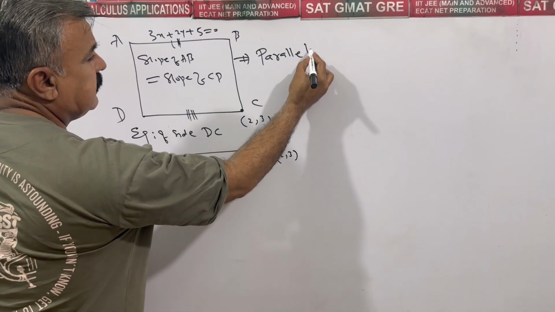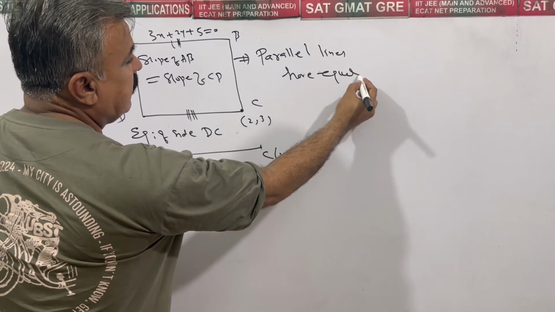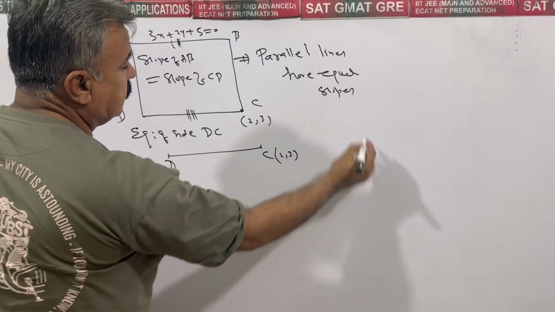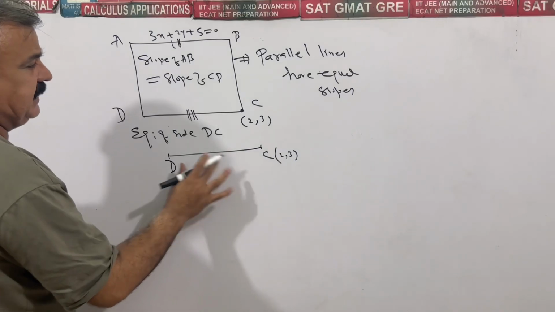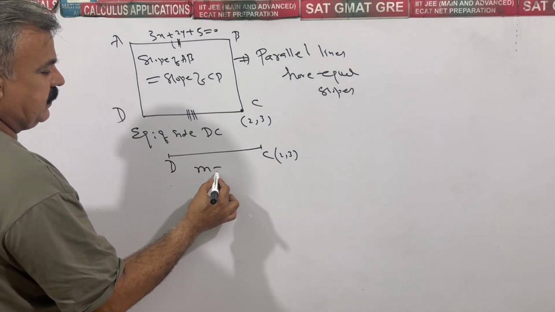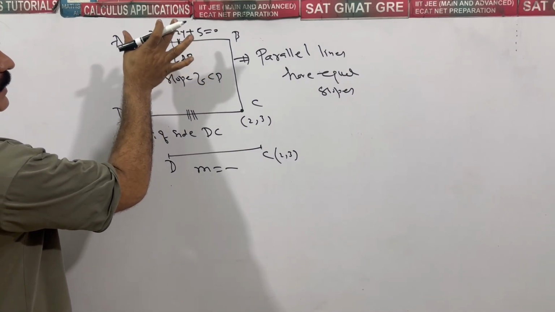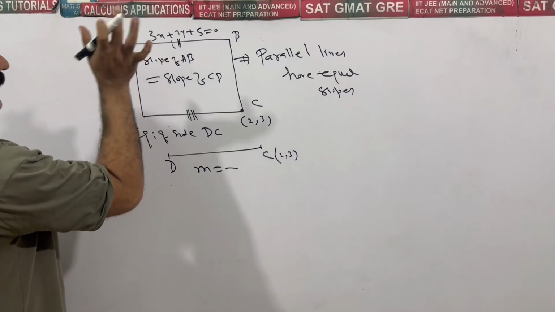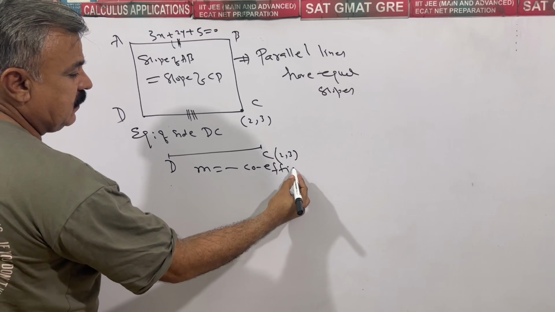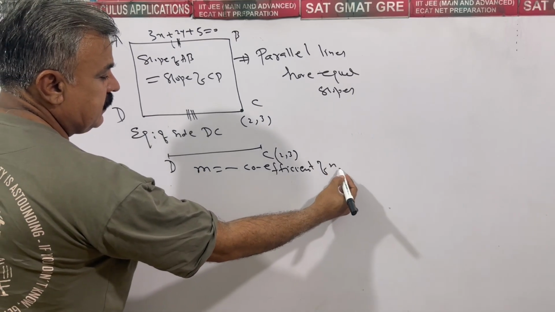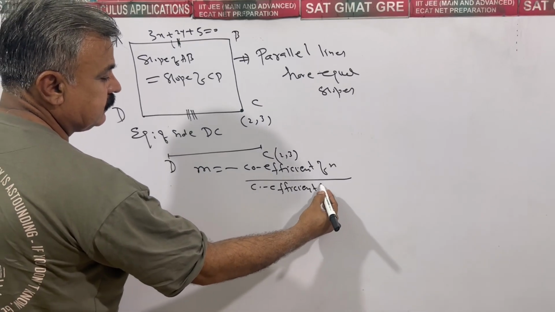Parallel lines have equal gradients, equal slopes. Utilizing this fact, we can easily find the slope of CD or DC, whatever you say. How do we determine the slope from the line itself? The formula is negative times the coefficient of x divided by the coefficient of y.